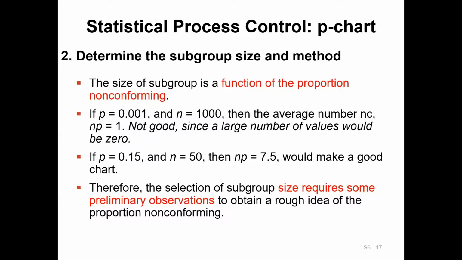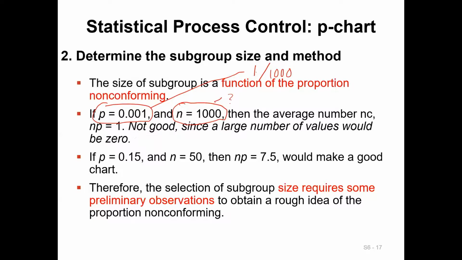If you're monitoring a process with a fraction non-conforming P of 0.001, and you decided to pick 1,000 samples for inspection, do you think this is a good sample size? What does 0.001 mean? It means that 1 out of 1,000 samples will be rejected.